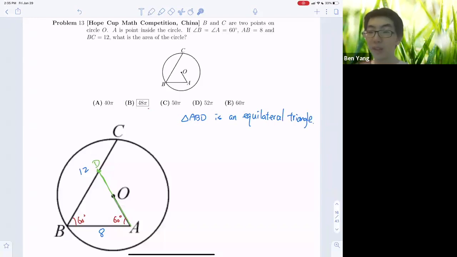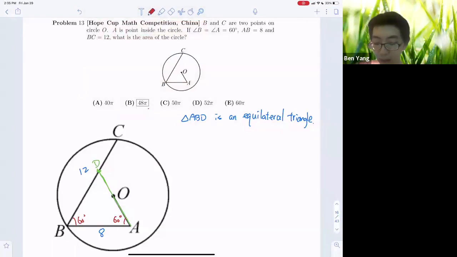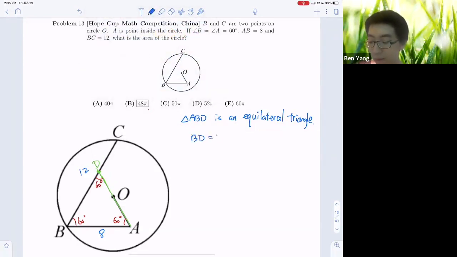Equilateral triangle is definitely very nice. For example, we immediately get that the angle D here, angle ADB, is also 60 degrees. We also know that BD is equal to BA, and that's equal to 8.